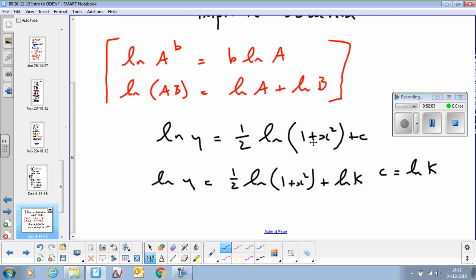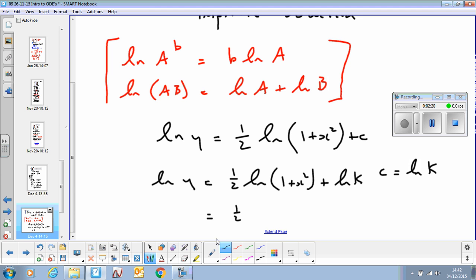So now I can use this law of logarithms here to rewrite this as a half. Well, actually, I need to do this all at once really. This half can be brought up here using this first law of logarithms.